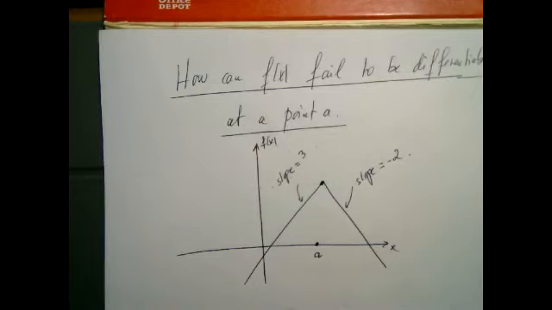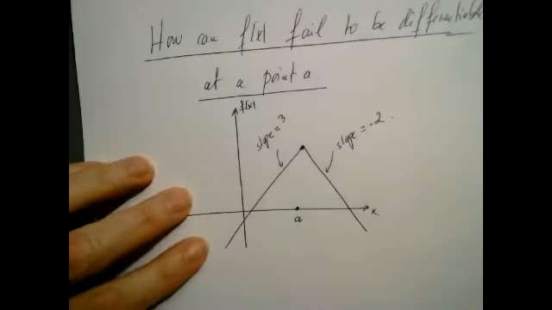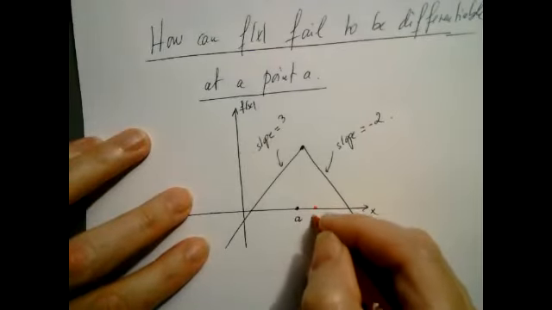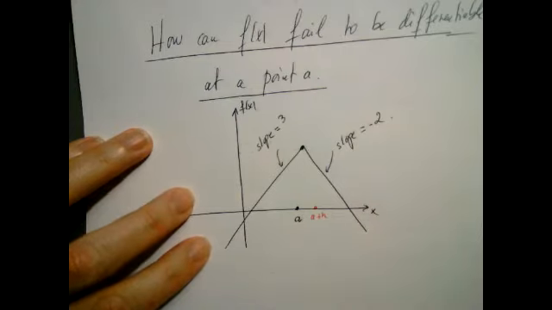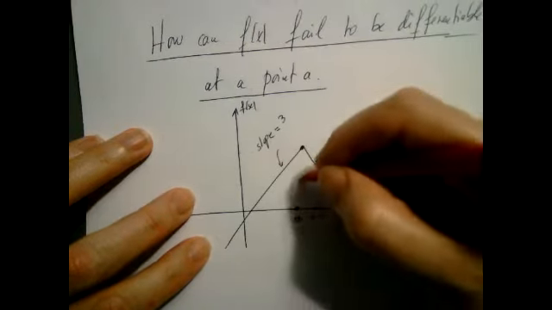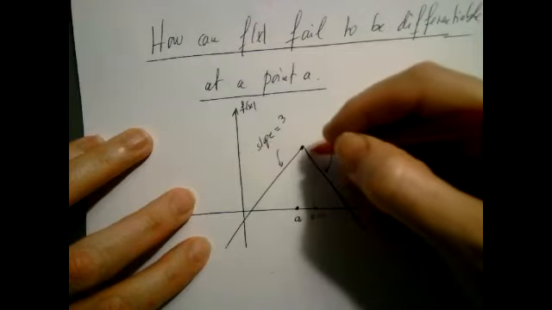The answer is no. Why? What's happening? What fails in the limit process? Let's see what's failing. Suppose I take h here, A plus h. Okay, watch carefully what's happening. And I compute the slope of the secant line.